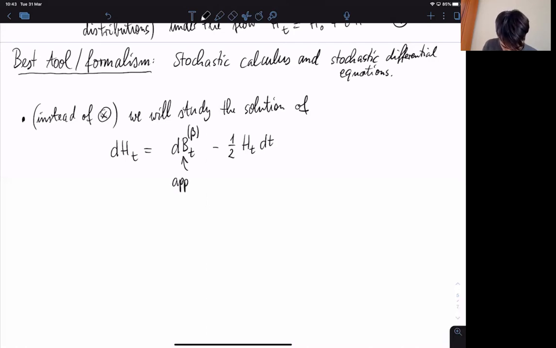So this will be an appropriate matrix valued Brownian motion term, a diffusion term.